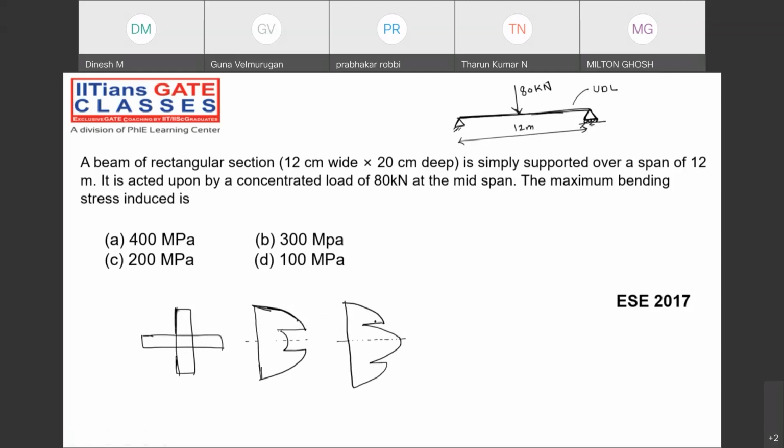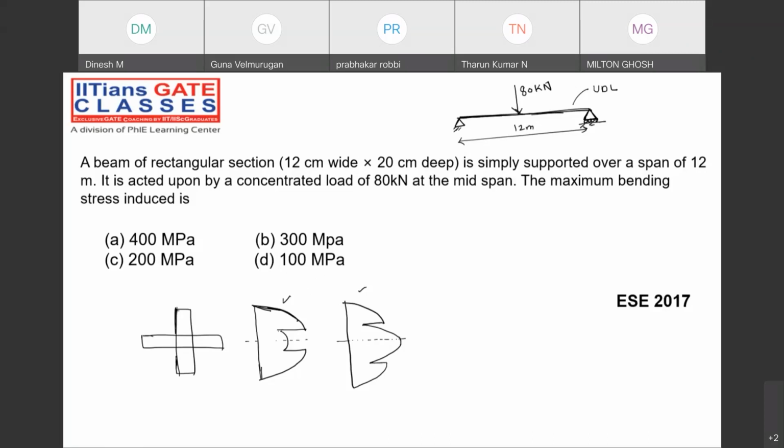Which one is correct? Which diagram will be drawn by most of the students?